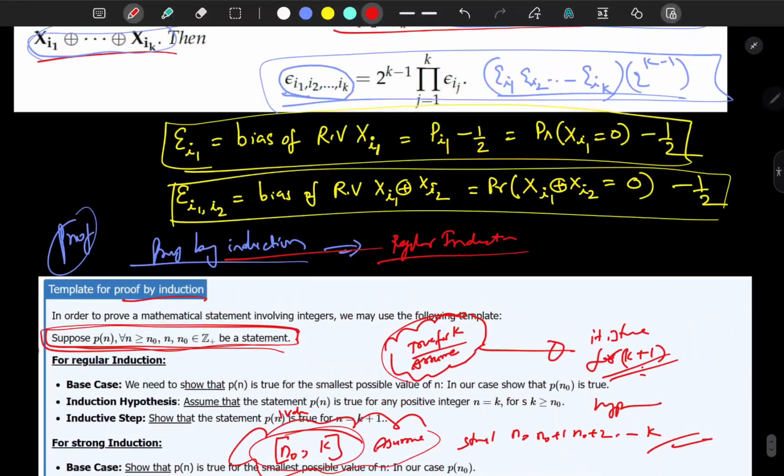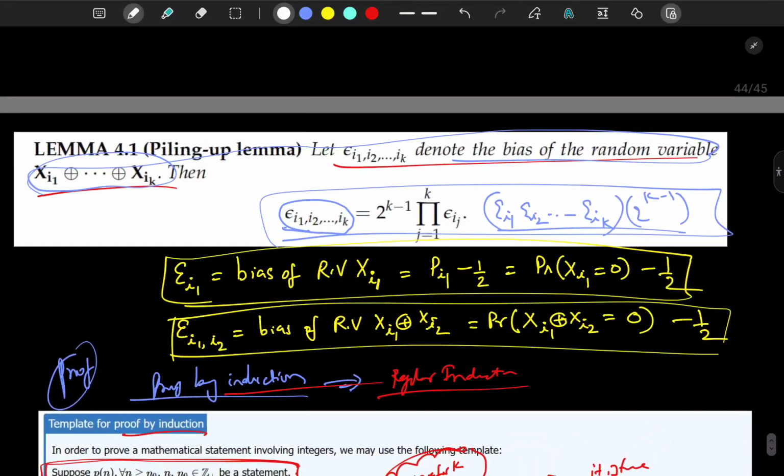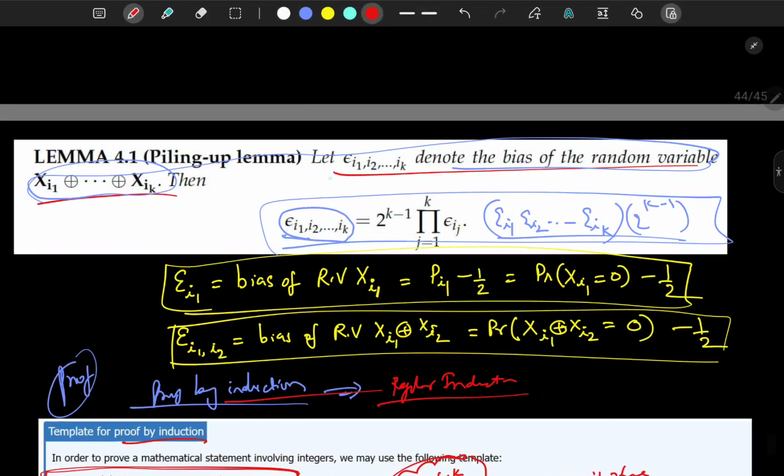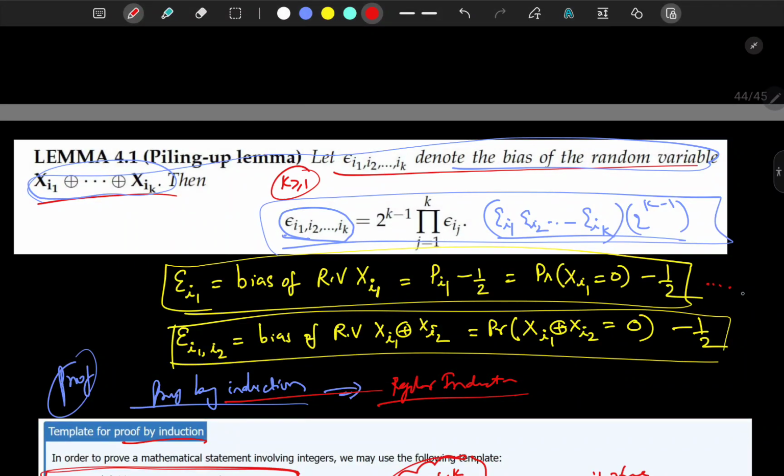So in our case, what is our base case? The base case can be, you can think of, a k value greater than or equal to 1. If you consider greater than or equal to 1, take k equals 1.